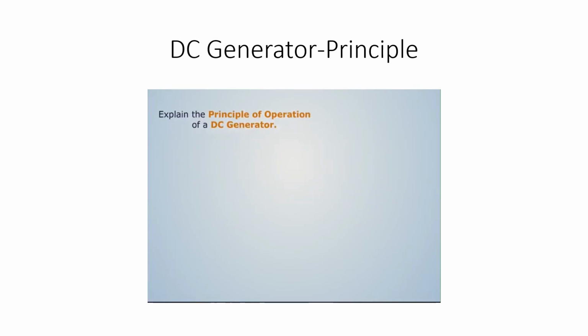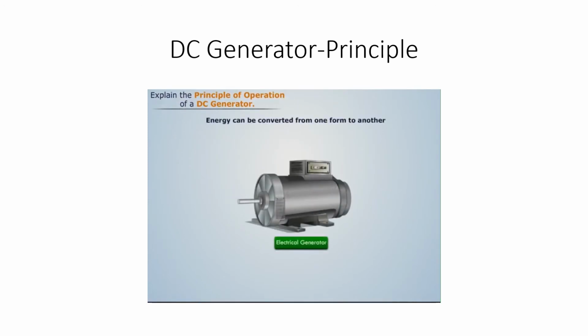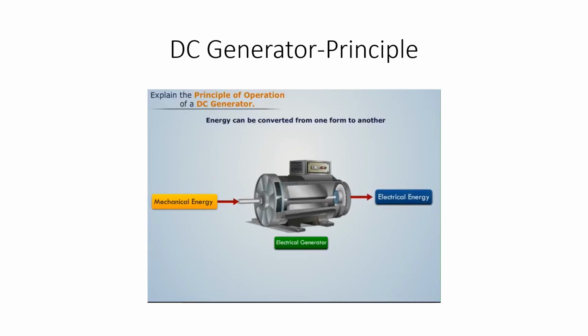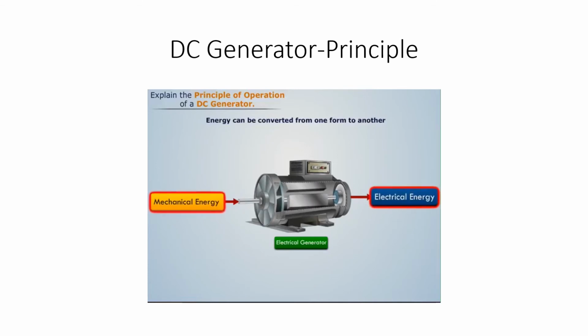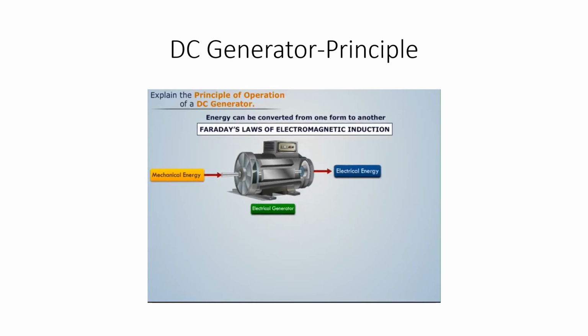Now we are going to see the principle of operation of the DC generator. This DC generator converts mechanical energy to electrical energy. In order to rotate the shaft, that is the conductor, a prime mover device is used.